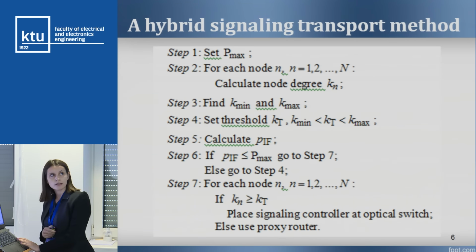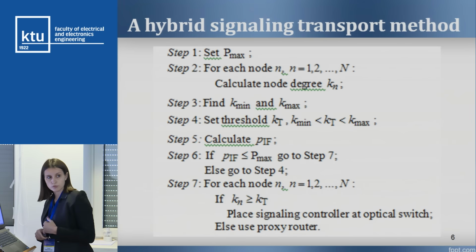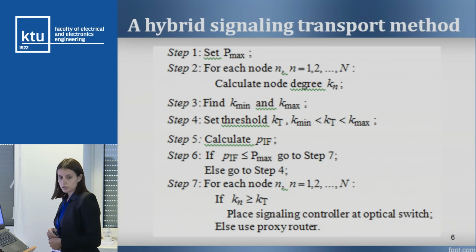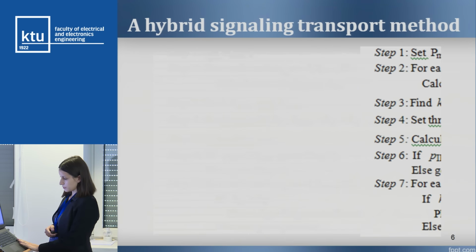At the beginning, we set this upper bound, calculate the node degree for each node, find the minimum and maximum node degree, set the threshold and calculate this probability PEF. And in step 6, if the probability obtained using the previous formula is less than or equal to the upper bound, we place the signaling controller at the optical switch, or else we use a proxy router as a totally different router.